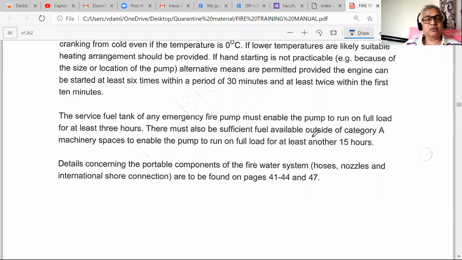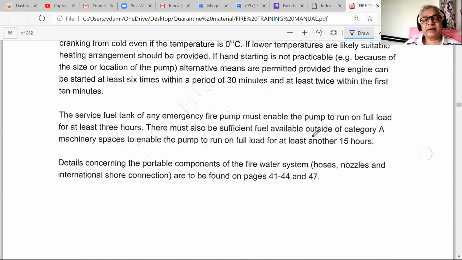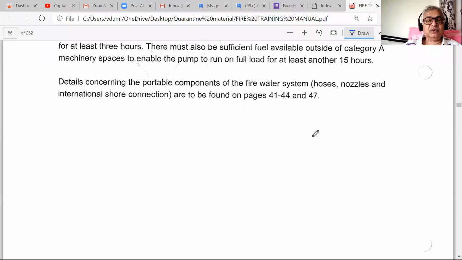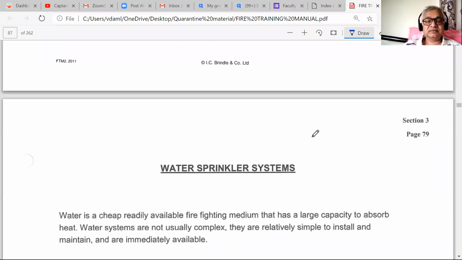Then it should start so many times because the battery shouldn't drain out if it is a battery starter. And how much fuel we need, at least 15 hours plus 3 hours. That's 18 hours fuel must be there. 3 hours in the service tank, and 15 hours in can. Now it is in hours, it's not in liters.